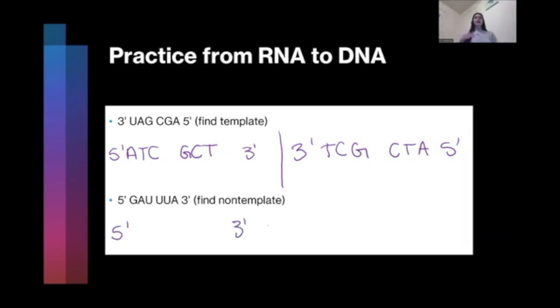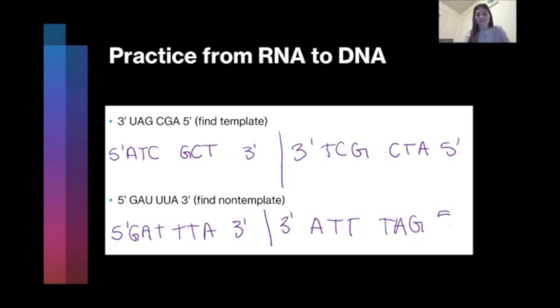I also know that my non-template strand has the same nucleotides as my mRNA, except U is T. That means it's going to be GAT, TTA. Or the other way this could be presented on an exam is just writing it in the other direction. 3' A, T, T, T, A, G, 5'.